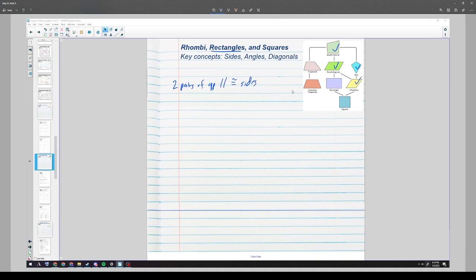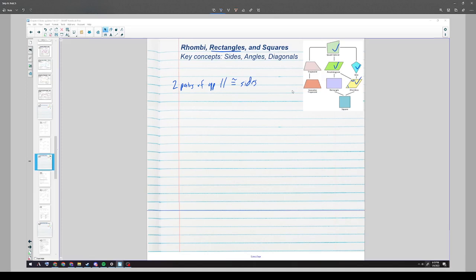For angles, I guess with rhombus I should have mentioned as well, we still have the property that consecutive angles are supplementary. So I missed out on that one because that was one of our parent properties, that consecutive angles add up to 180. With rectangles, we still have our angle properties from the parent.